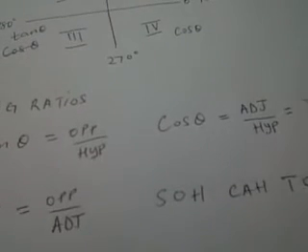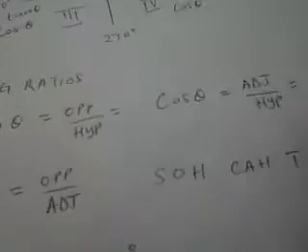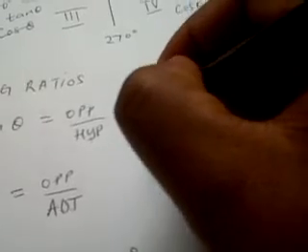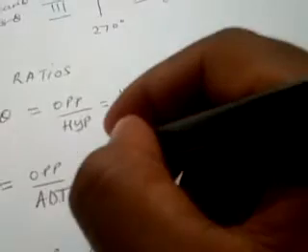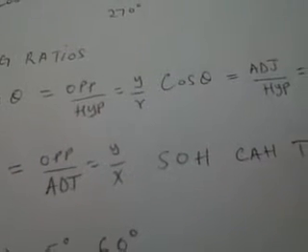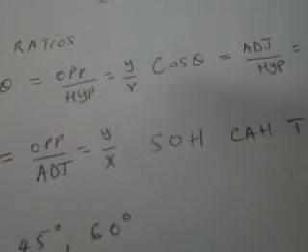For cos we have x over r, for sine we have y over r, and for tan we have y over x. I think this will simplify this whole thing a great deal.